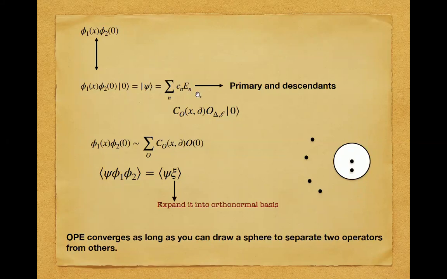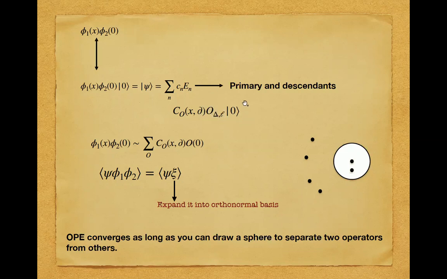You should notice that descendants are nothing but the P_mu's acting on the primary operators. So therefore, you can repackage this expansion like what I have written here. Basically, this is some function which has derivatives in it, and that is acting on the primary fields here.